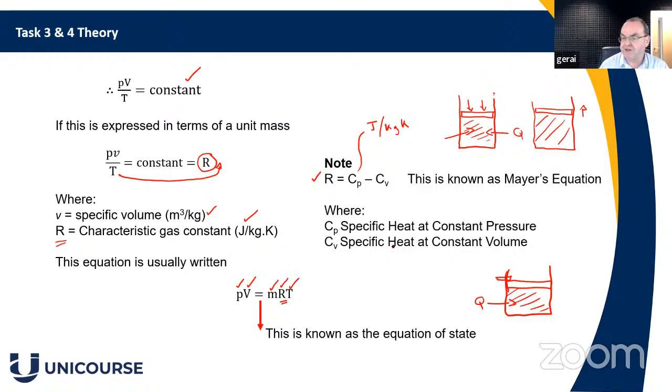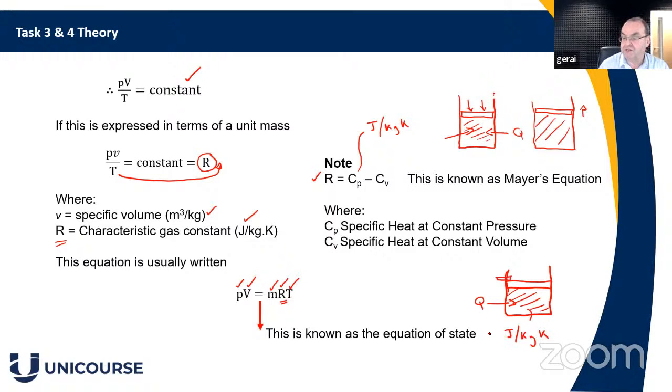What the specific heat at constant volume is, again, is how much energy is needed to raise the contents of that by 1 degree for each kilogram. It's at constant volume because our piston is jammed. So it's the energy required to heat 1 kilogram by 1 degree.